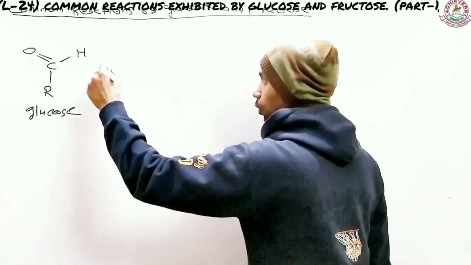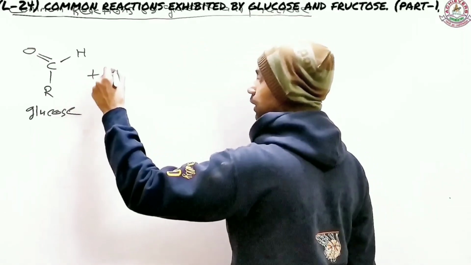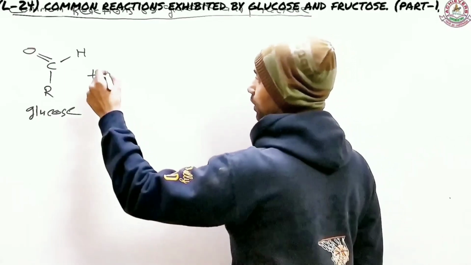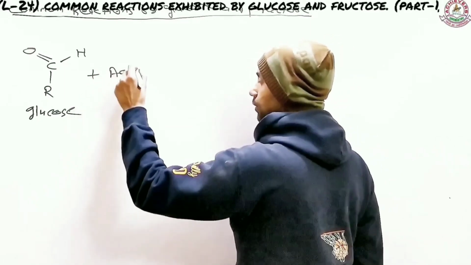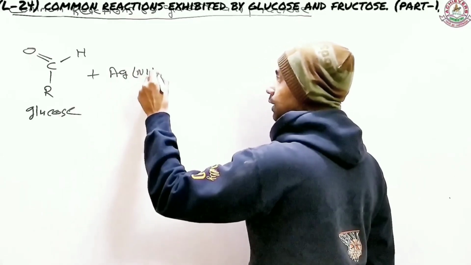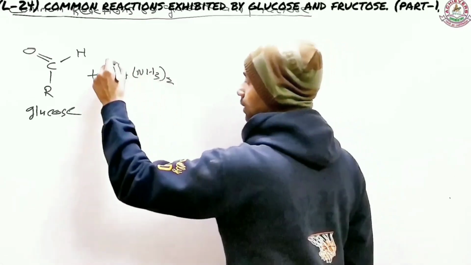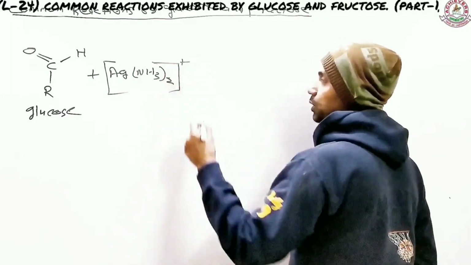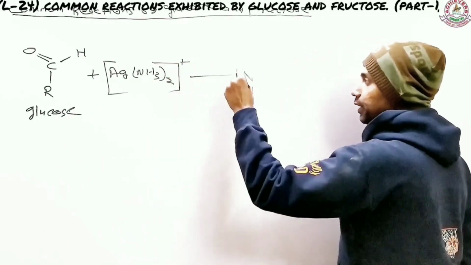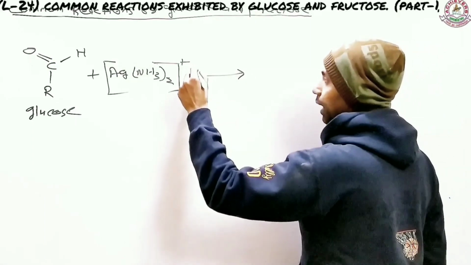Then you are reacting it with ammoniated silver nitrate, the Tollens reagent, that is Ag(NH3)2 with a positive charge, a coordination ion. And this is a mild oxidizing agent.